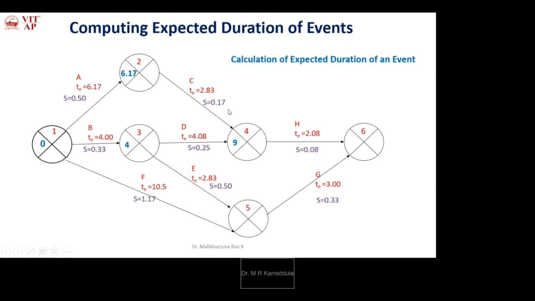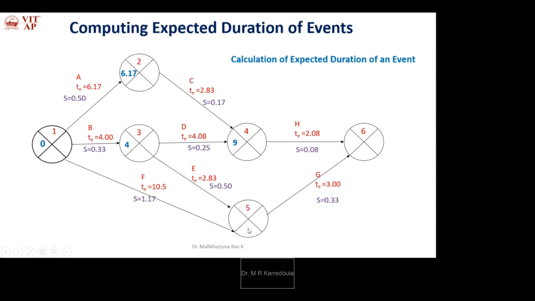One combination is 6.17 plus 2.83, and the other is 4 plus 4.08. The maximum is 6.17 plus 2.83, which is 9. This is the maximum that we will take into account.